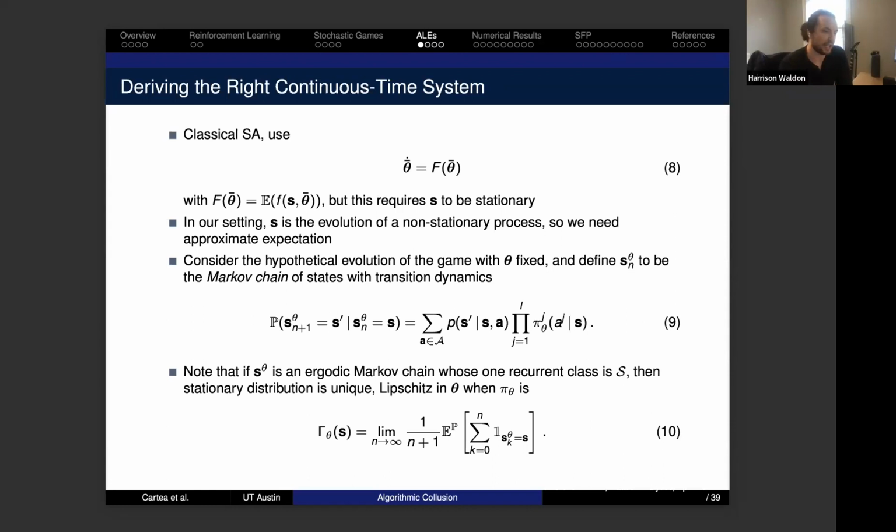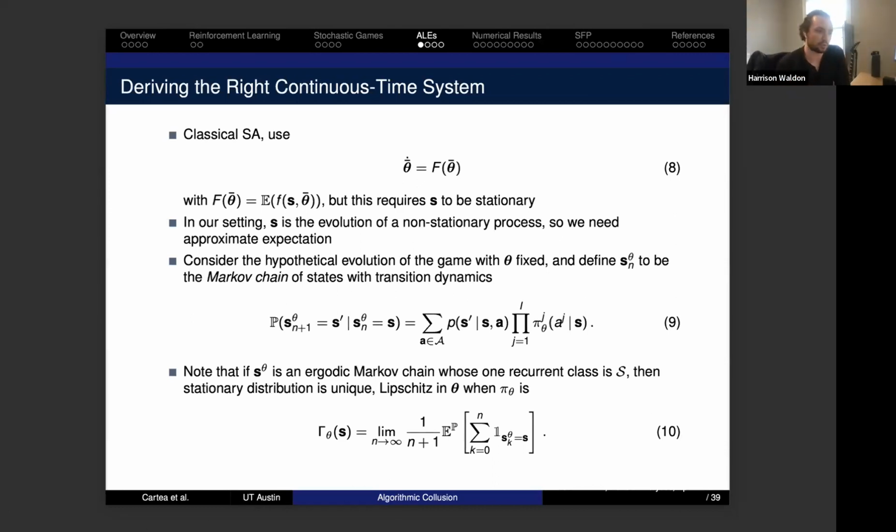If the state process is simple, maybe just the realization of IID random variables, then this would be easy, and the ODE would really just be the expected evolution of your algorithm. However, in our setting, S is the evolution of a non-stationary process whose dynamics are changing according to the learning dynamics of all the agents.